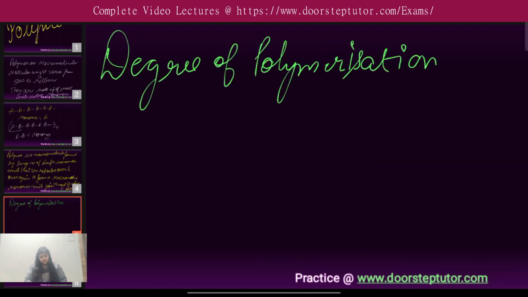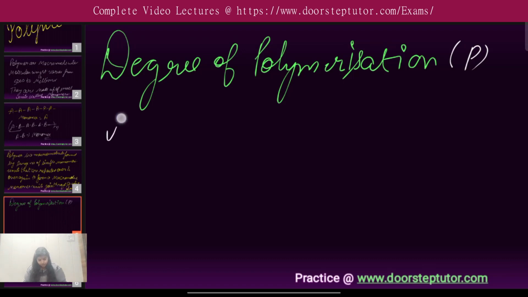So the next thing is about the degree of polymerization. So how many monomeric units are present in that polymer, that we need to find out. That is given to us by what is known as the degree of polymerization. Okay, so this is denoted with the capital P. So what is degree of polymerization? The number of the monomeric units that are present in a polymer, that we can find out.